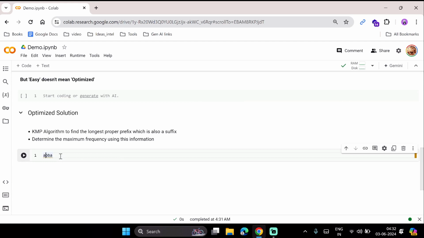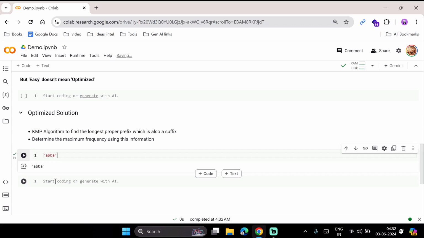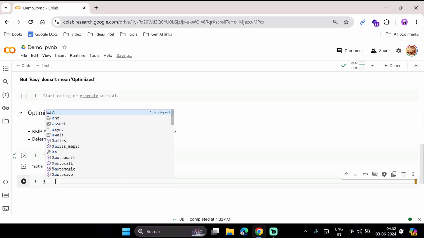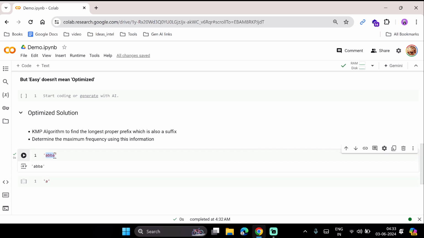So if this is the string, A is a substring of it, and A is also a prefix of it. Also, A can be thought of as the suffix as well. So prefix is what appears in the initial characters, and suffix is what appears in the later part of the characters, right?